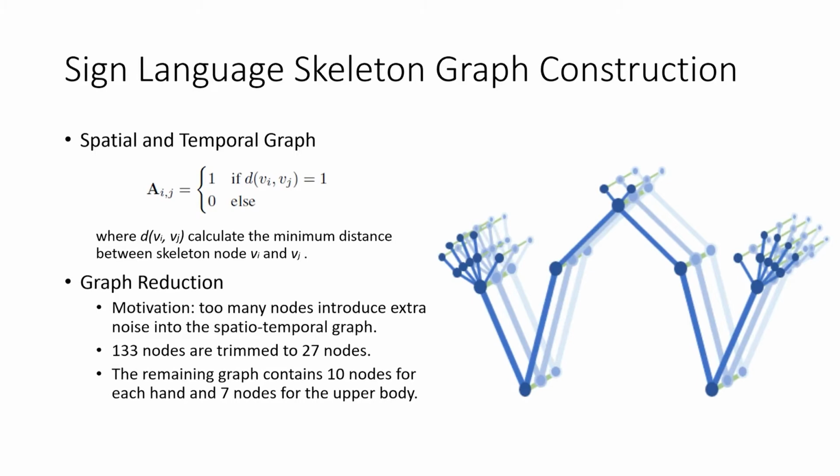From the whole body key points, we construct a spatial temporal graph for sign language recognition. We use a similar approach as in skeleton-based action recognition. However, too many nodes introduce extra noise into the graph and harm the recognition rate. So we apply a graph reduction technique and reduce the 133 nodes to only 27 nodes. The remaining graph contains 10 nodes for each hand and 7 nodes for the upper body.